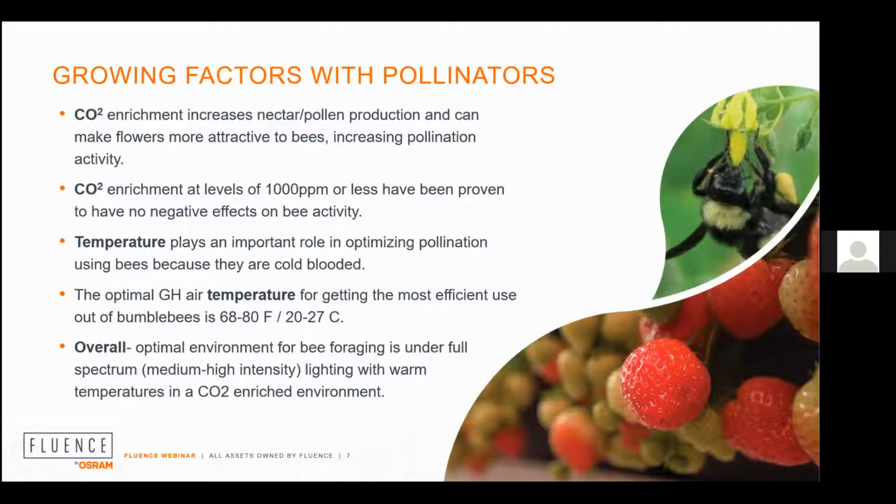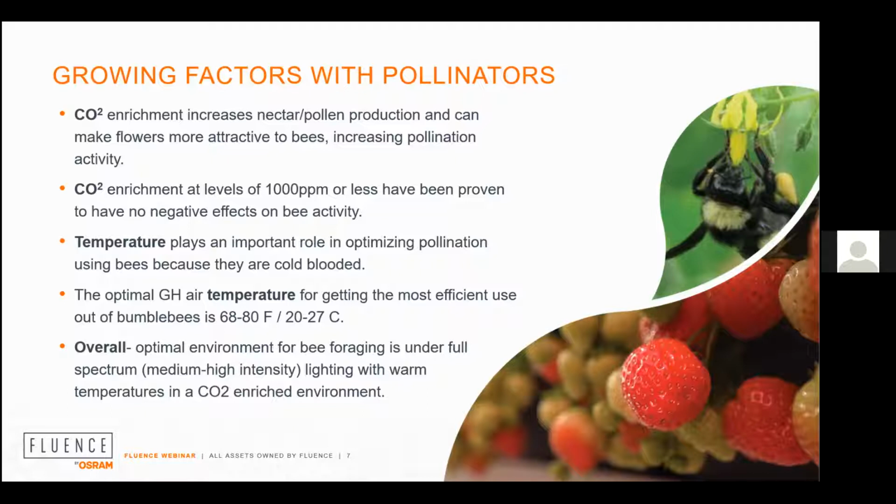So it's a good thing. CO2 enrichment at levels of say 1,000 ppm or less, which are pretty typical, usually in that 500 to 1,000 ppm range, has been proven to have no negative effect on bee activity. So this is all good news.